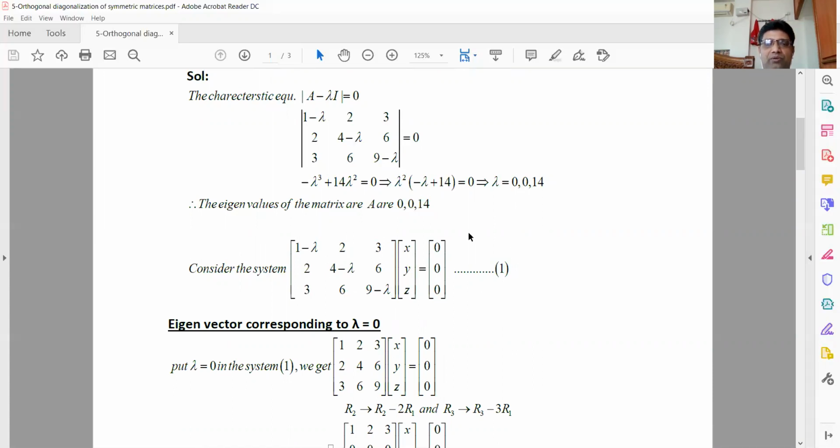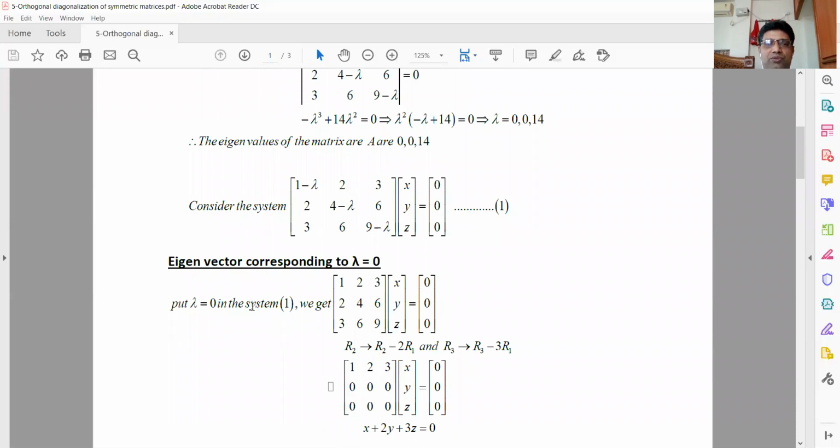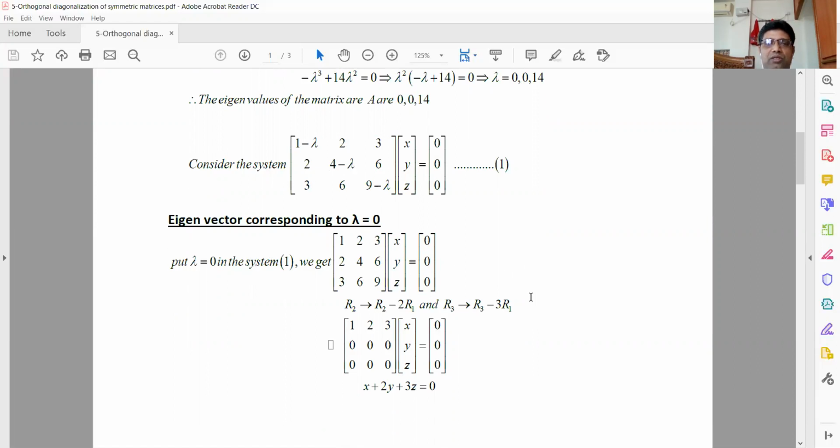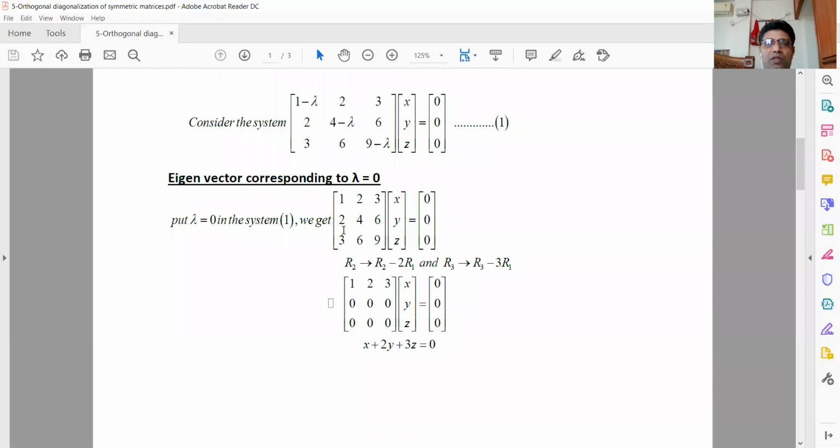Now I am going to calculate the eigenvector corresponding to the eigenvalue lambda equals to 0. Put lambda equals to 0 in this system 1. So if you put lambda equals to 0 here, what you will get is 1, 2, 3, 2, 4, 6, 3, 6, 9, times x, y, z equals 0, 0, 0. Now reduce this matrix to upper triangular matrix. To do that, we applied the row transformations R2 minus 2 times R1 and R3 minus 3 times R1.